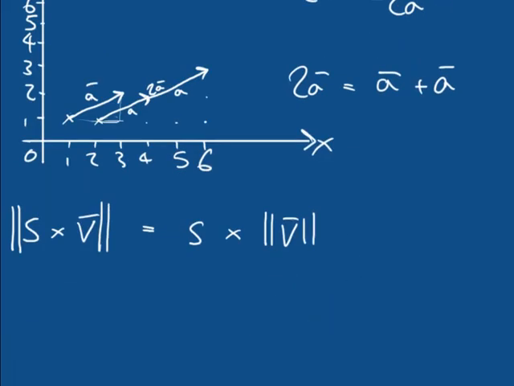Well, when we're finding the length of a scalar times a vector, we need to make sure we take the absolute value of that scalar, and that's denoted in a similar way to the length of a vector, a magnitude. It's denoted with a single vertical line. Now for those of you who haven't encountered the absolute value, I'm not going to go into detail on it, but needless to say, if we have a negative value, its absolute value is the same as the positive value.